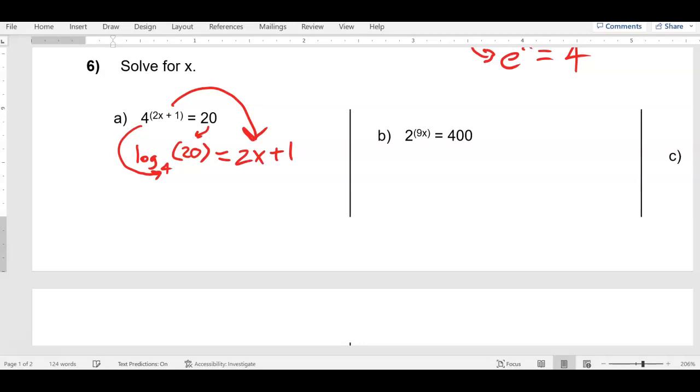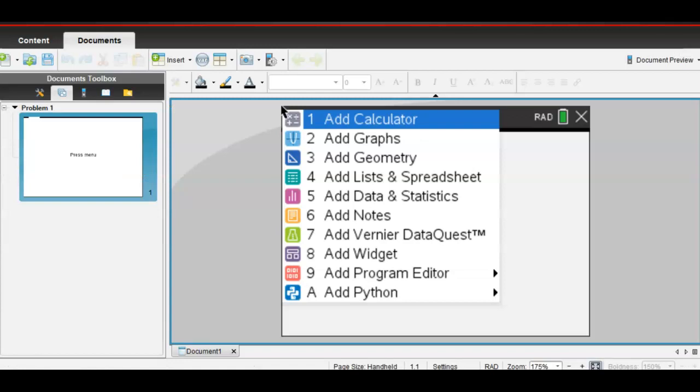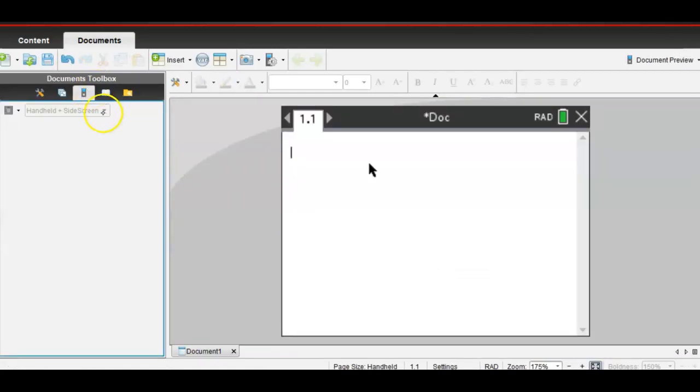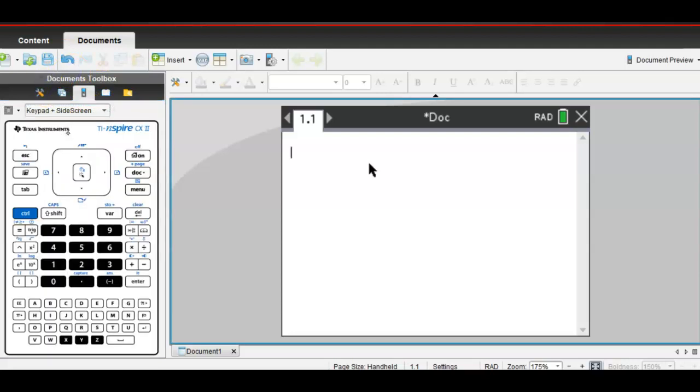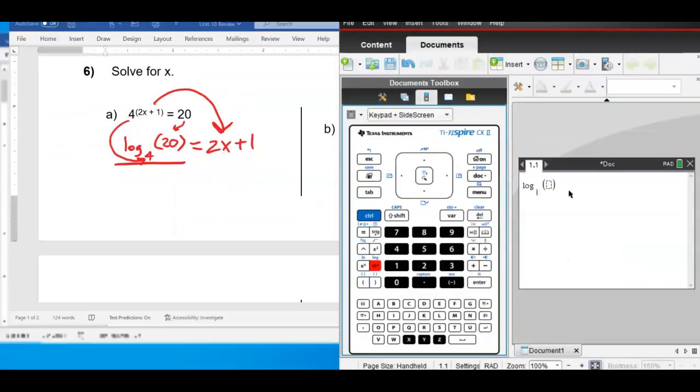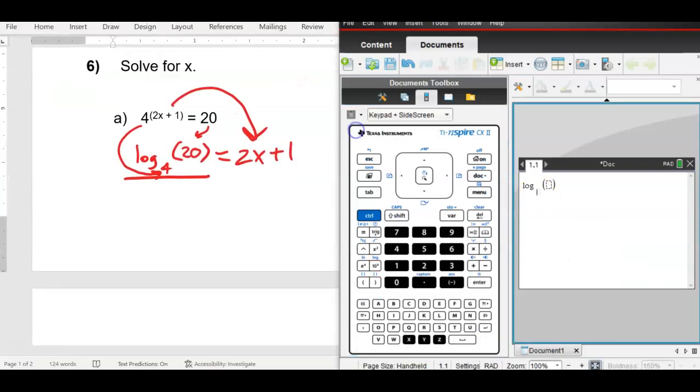Cool. Now this left side, I need to put in the calculator, see what I get. Log base 4 of 20. So remember, in your calculator, you go to add a calculator. And to get log, it's right here next to the number 1. You do control 10 to the x right here. And again, we had log base 4 of 20. So log base 4, go to the right, 20 is 2.16.